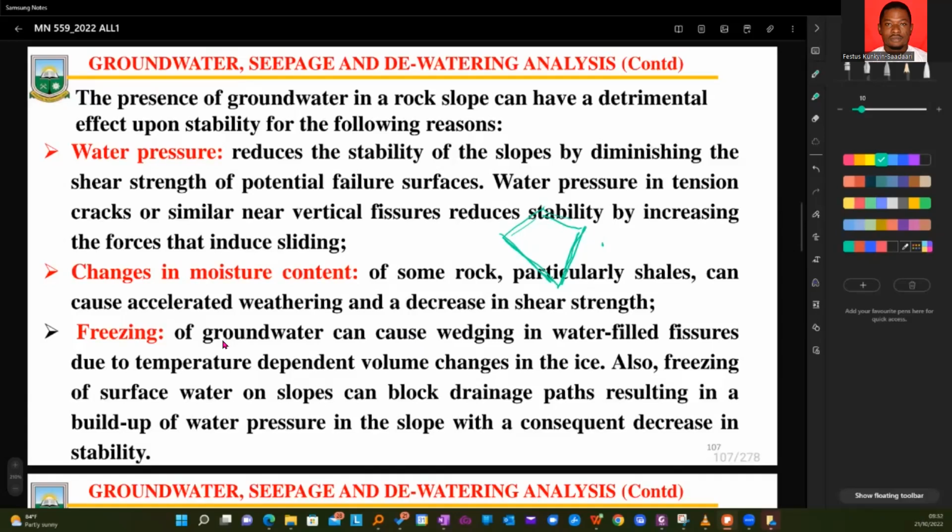So when I have freezing of ground, it can also cause infill fissures due to temperature-dependent volume changes in the ice. Also, freezing of surface water on slopes can block drainage paths, resulting in a buildup of water pressure in the slope with subsequent decrease in stability.